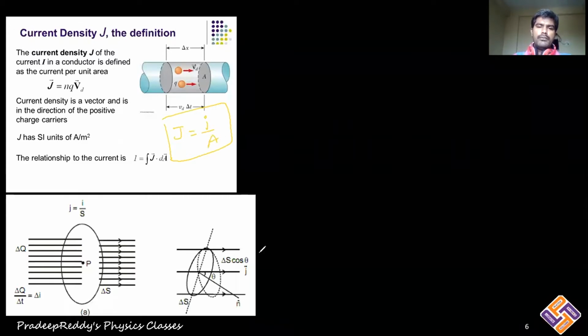So whenever you want to find current density, you will use J is equal to I by A, or you can even write current I is equal to J dot A, where J is current density and A is area of cross section.